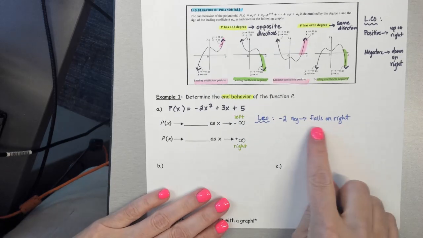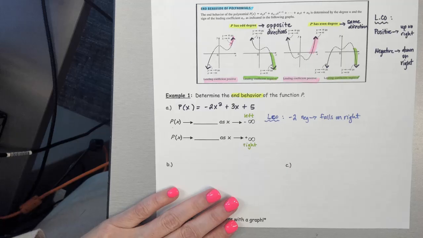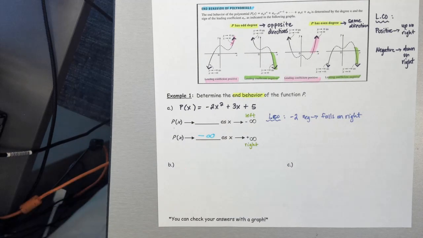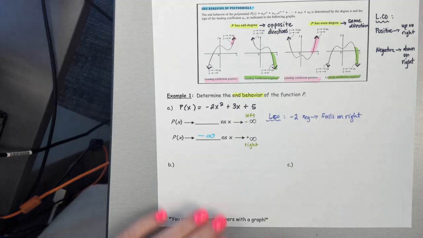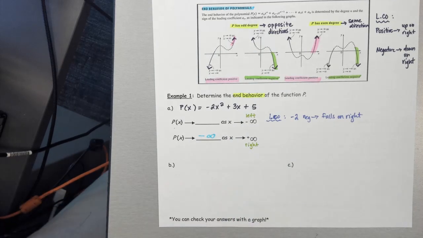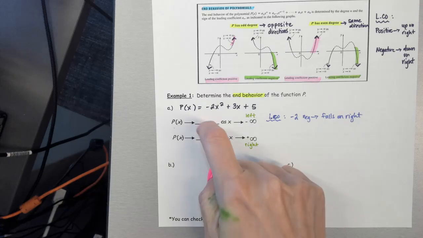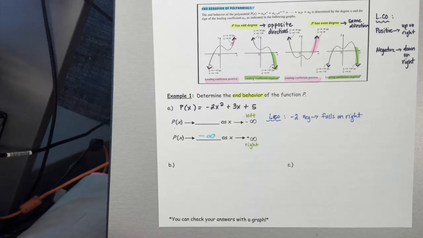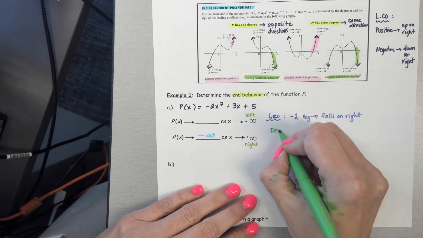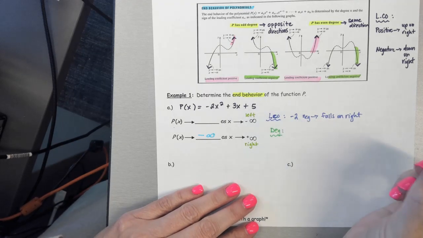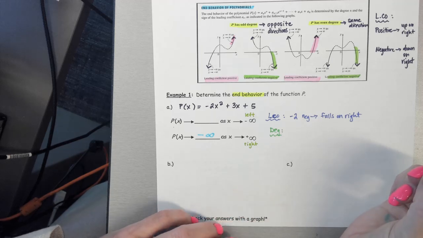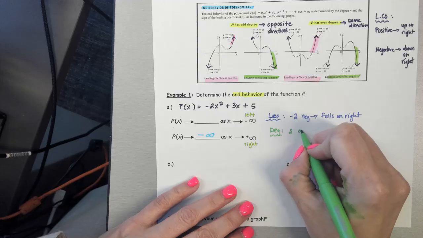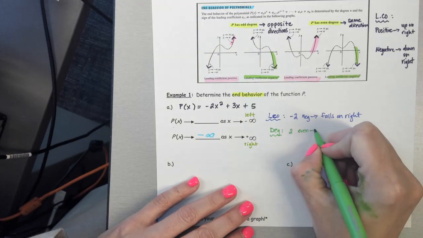So if we know that it falls on the right, we are going to plug in negative infinity in our first blank because it is going down on the right side. To fill in this blank, we just have to ask ourselves, is this an even degree or an odd degree? So what's our degree for this? Do you remember how to find the degree? Yep, 2, because it's the highest exponent.